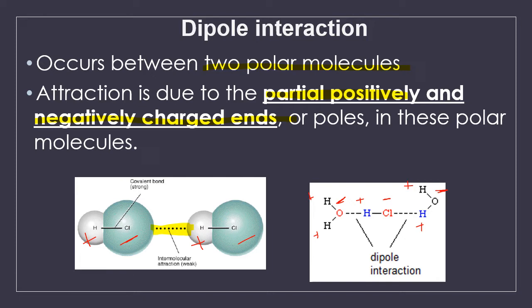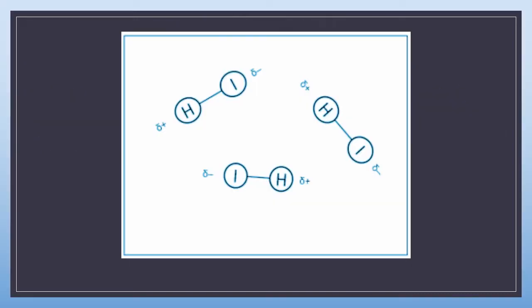And you can see there's an attraction between the H of the HCl and the oxygen of the water because the positive and the negative attract. And then on the other side, there's an intermolecular force between the H of the water and the Cl because positive and negative. So dipole interactions occur between two polar molecules. If it's not polar, it doesn't have this force. And this is a relatively strong force.